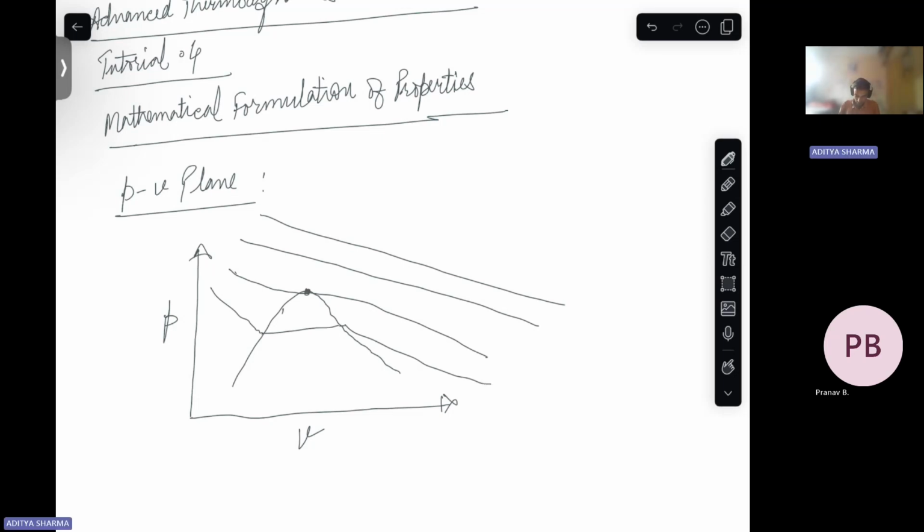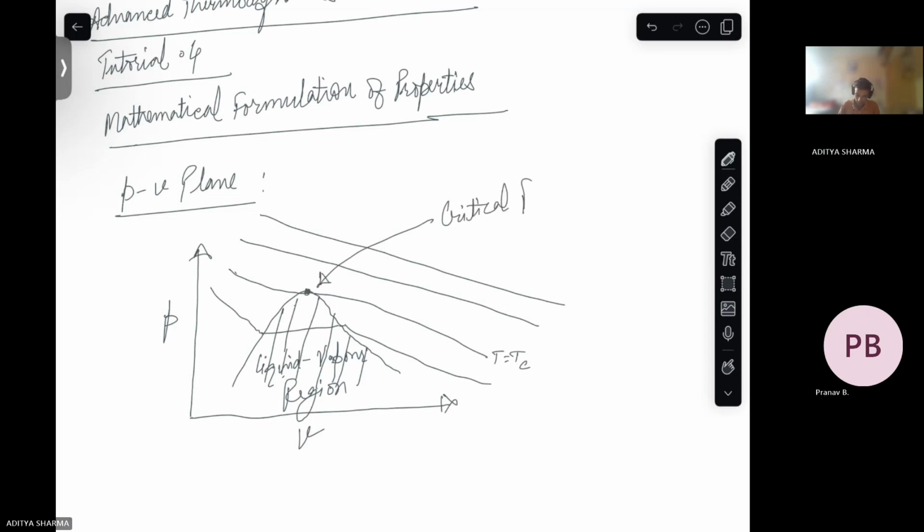This region is one where we have liquid and vapor both coexisting, right? And this is our critical point. So all these are isotherms.